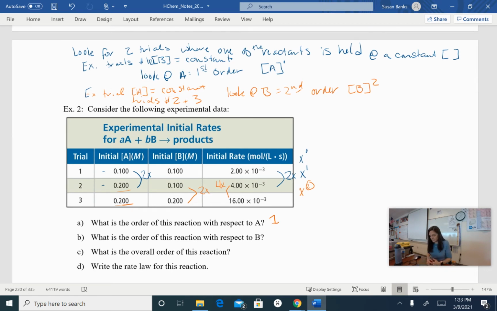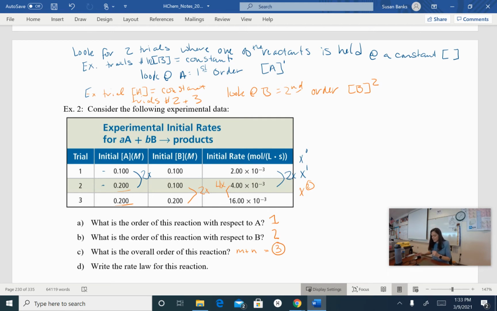What order is the reaction with respect to B? We saw that it was a square, so it is going to be a 2. What is the overall? Remember, the overall is the sum of the exponents. So if I have 2 plus 1, I'm going to have an overall order of 3. I just add up all the exponents.